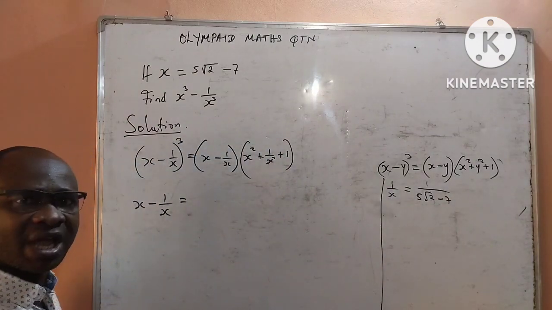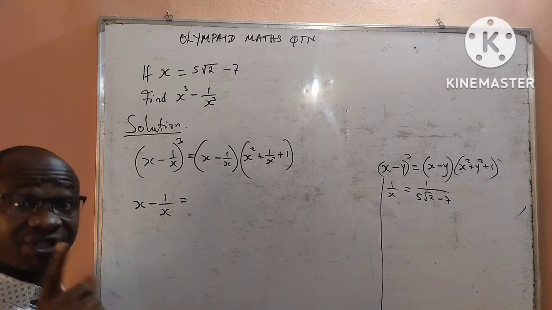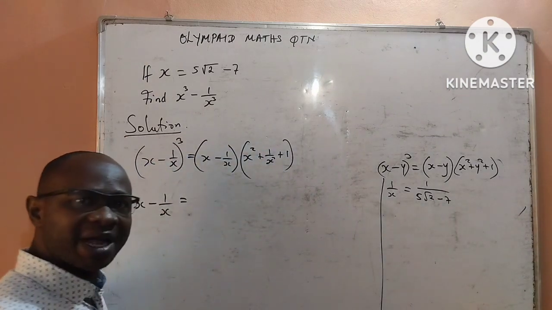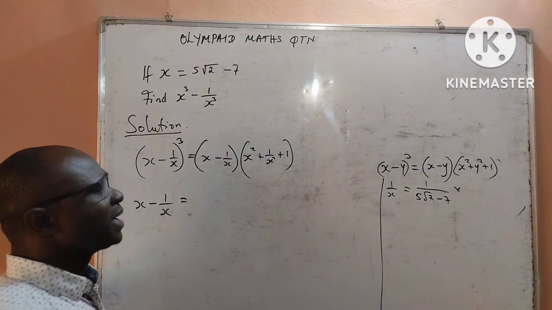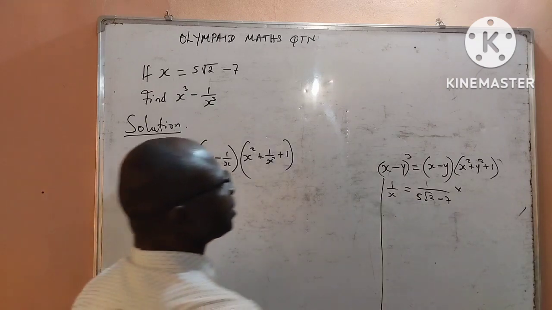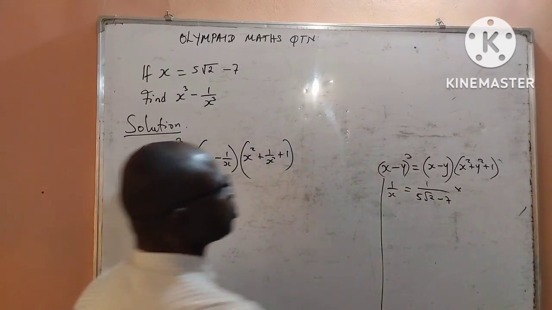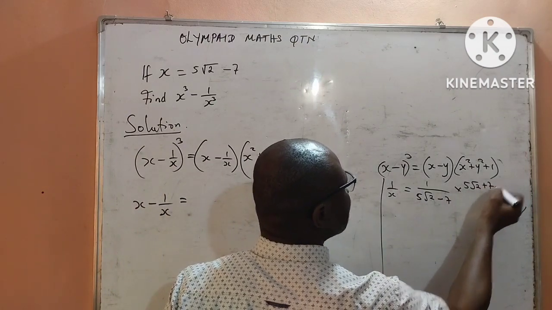If you look at this, by the law of surd rationalization, because of the type of expression at the denominator, I am going to conjugate the denominator and use it to rationalize in order to get rid of the surd at the denominator. And to do that, by conjugation, I will have 5 root 2 plus 7.